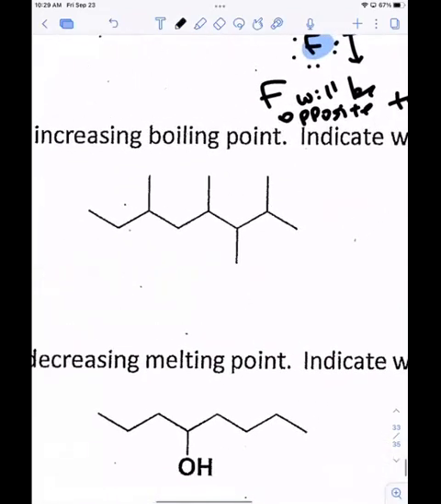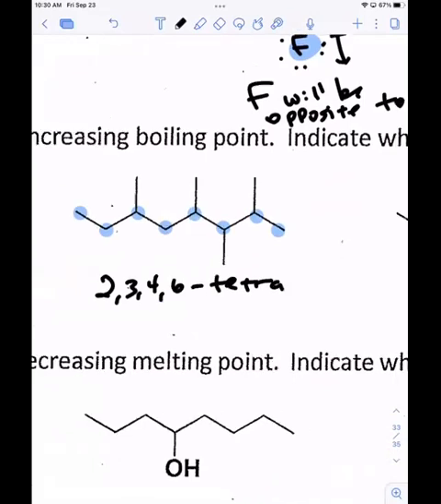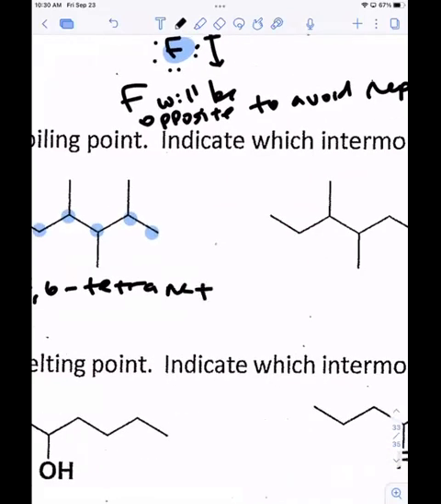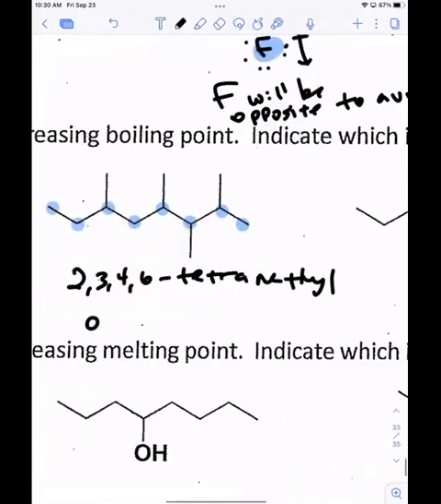And then while you add it, somebody look up the boiling point for 2,3,4,6-tetramethyloctane.